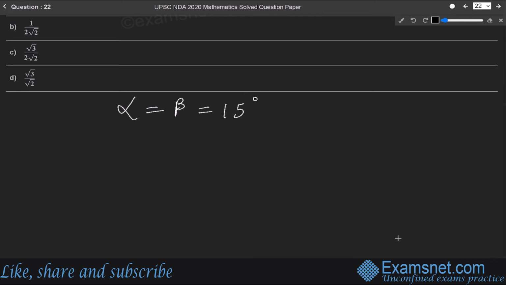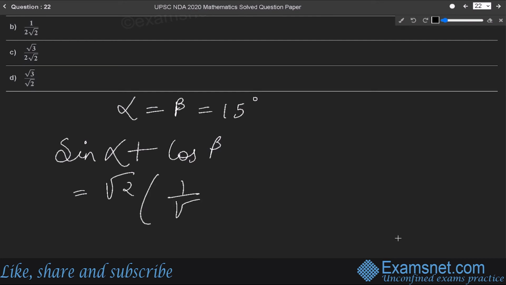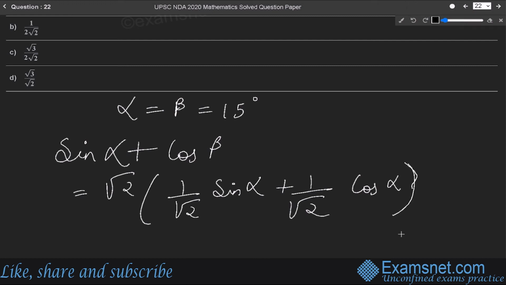Now sine alpha plus cos beta will be equal to root 2 times 1 upon root 2 sine alpha plus 1 upon root 2 cos alpha, since alpha and beta are equal.